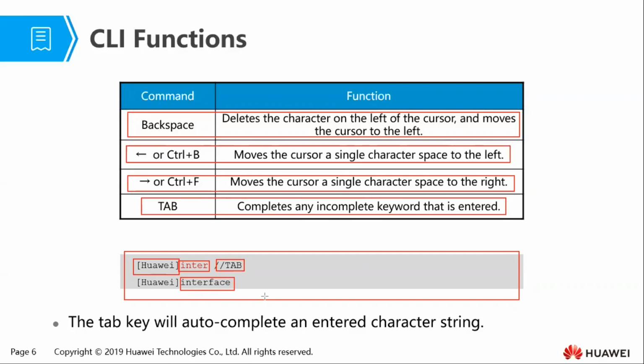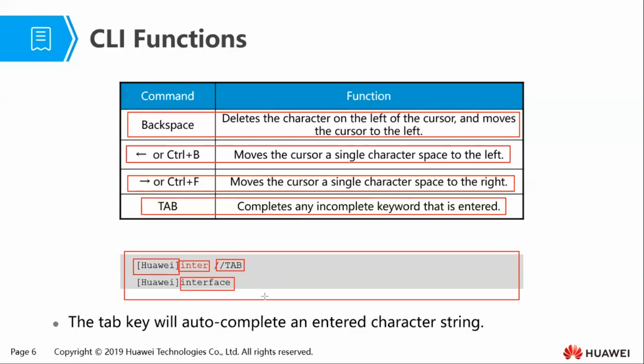So this is one of the features that you should be using most of the time in order to avoid typing the entire commands, and it can also help you to remember and to avoid mistyping some of these command names.